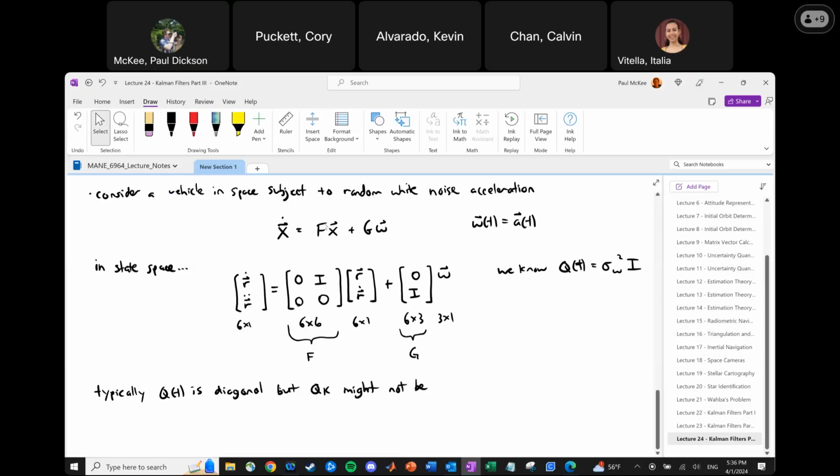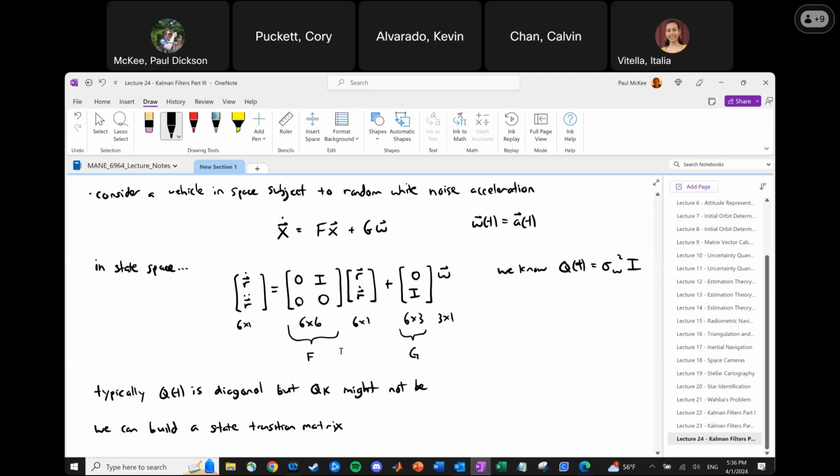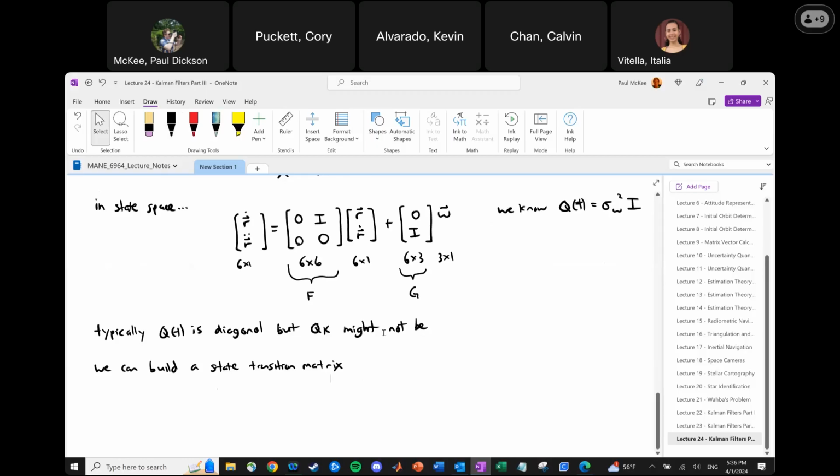So from this, okay, we can build a state transition matrix. And I'm going to skip the guts of how that's done because we've gone over it before. But for this particular set of dynamics, it would look like this.